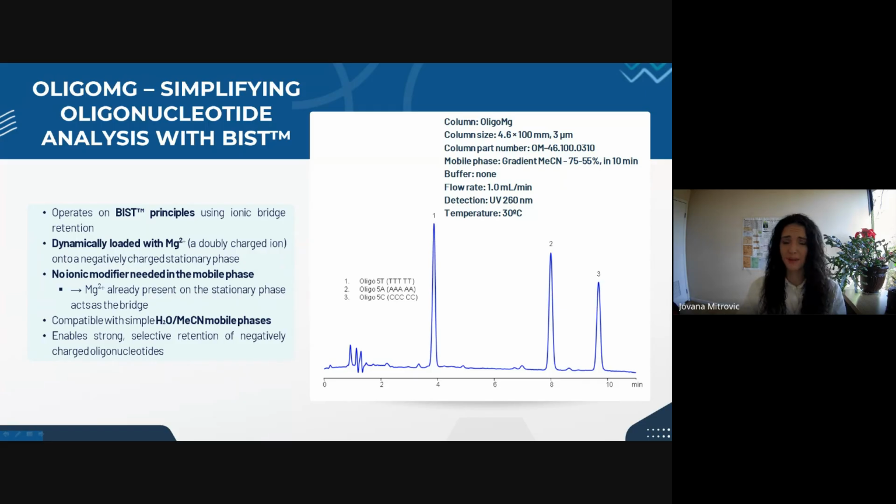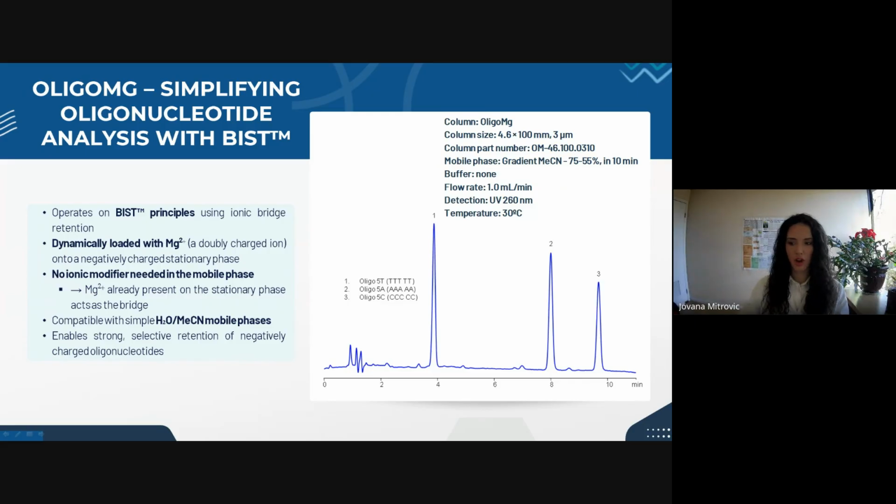The mobile phase becomes much simpler. All that's needed is a basic water and acetonitrile gradient, no buffers, no salt, and no pH adjustment. In this example, we show the separation of several negatively charged oligos of the same size using just the water acetonitrile gradient.